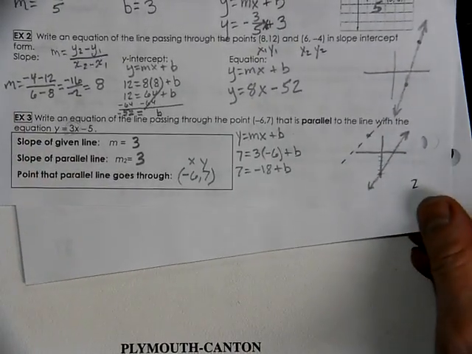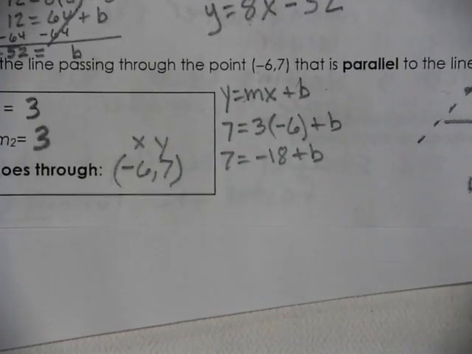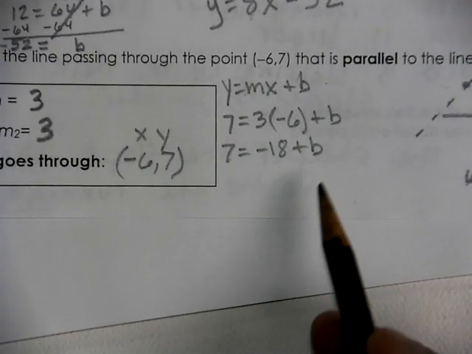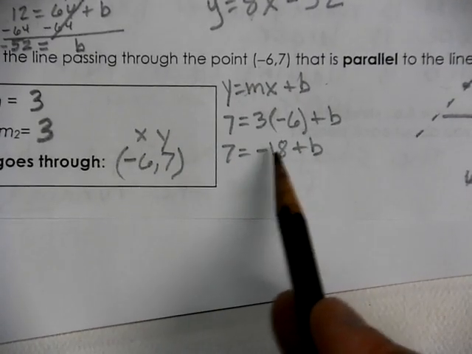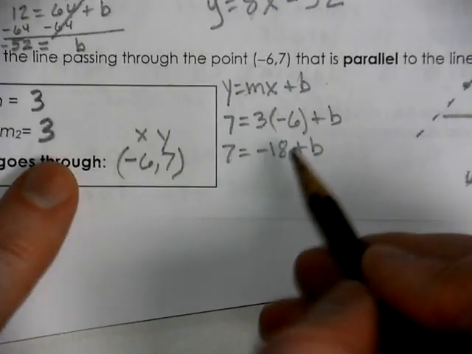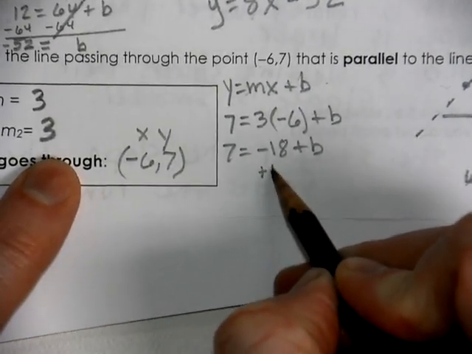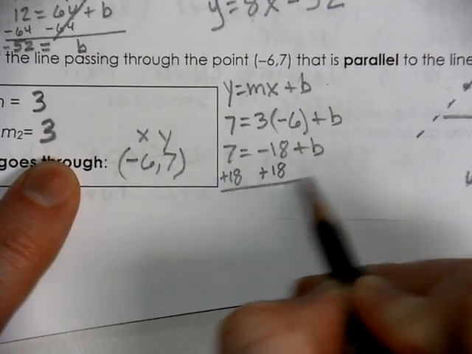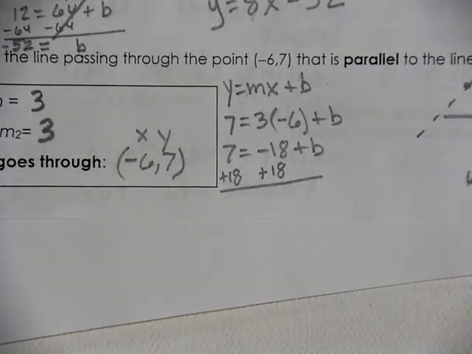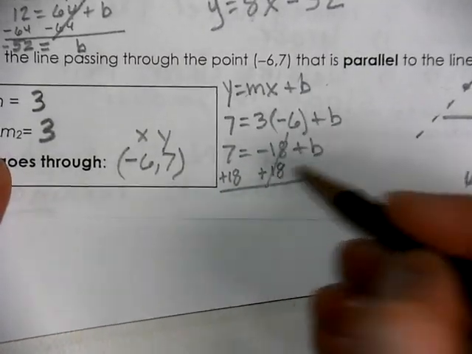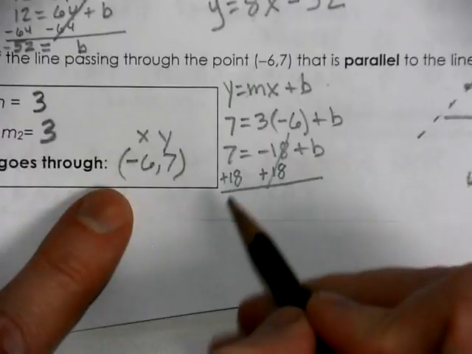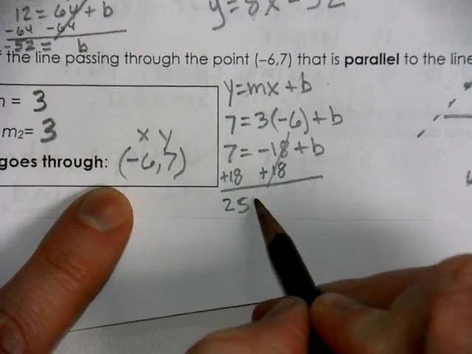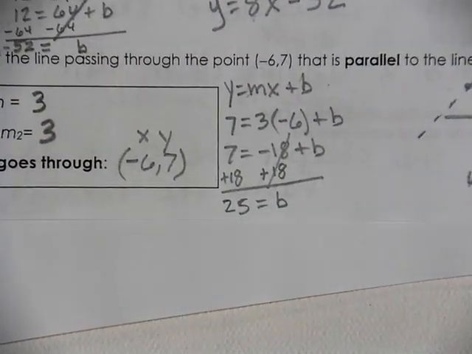So using our algebra skills, I look at where the b is located, and I want to move this negative 18 away. So I need to do the opposite of the negative 18, which means I'm going to add 18 to both sides. That would make the 18 go away. 25 equals the b.